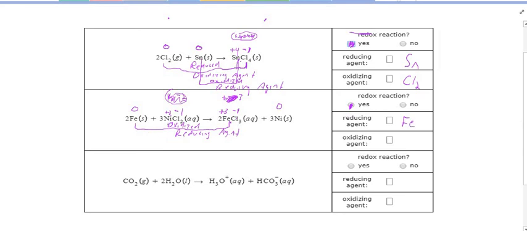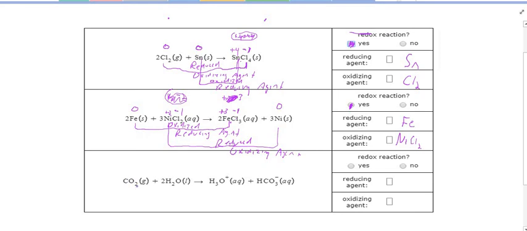The nickel is going from a +2 to a 0. Its oxidation state is going down, +2 to 0. It is being reduced. Therefore by definition it is the oxidizing agent. And so what I would type into Alex over here is the whole compound, NiCl2.